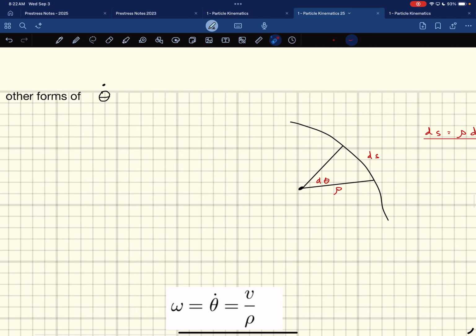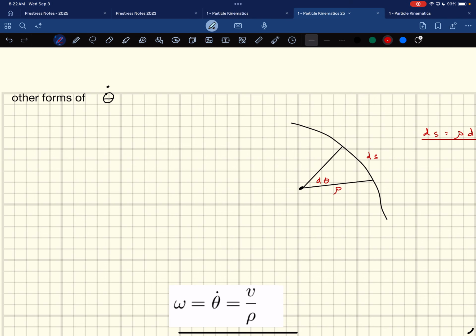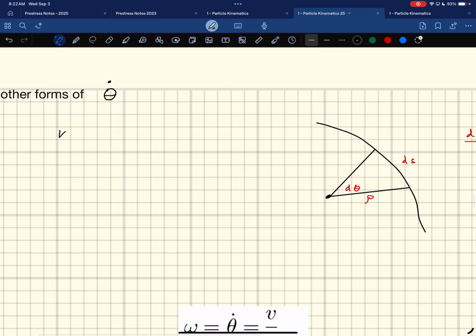Pretty simple stuff there. Okay, so then we'll come back up to velocity here. Velocity is equal to ds dt. We can substitute in what we just found for ds. That's just going to be rho d theta dt, which is rho times theta dot. It's going to be equal to rho times omega.